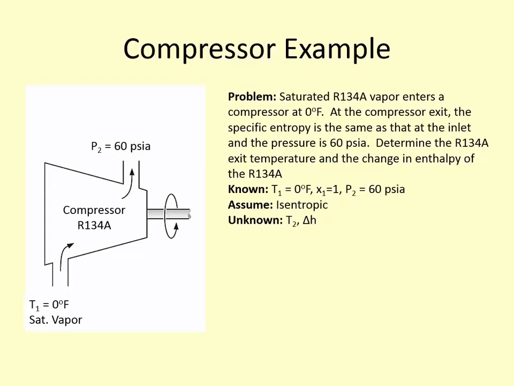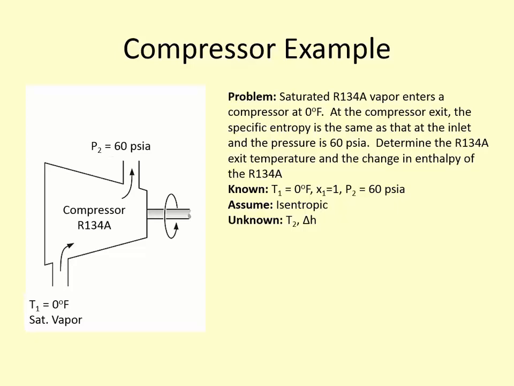At the compressor exit, the specific entropy is the same as that at the inlet. What are they telling us? It's isentropic. In this case, they tell us explicitly the entropy doesn't change. They're not telling us necessarily that there is no heat transfer. Determine the R134A exit temperature and the change in enthalpy of the R134A.